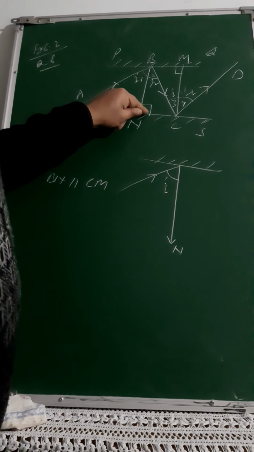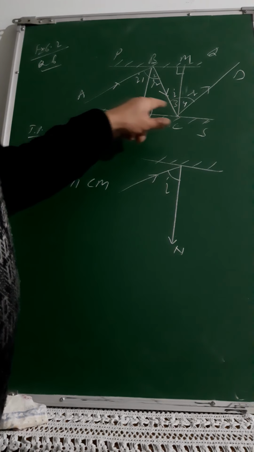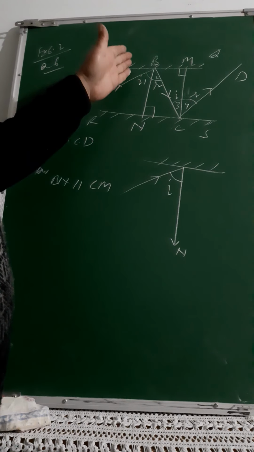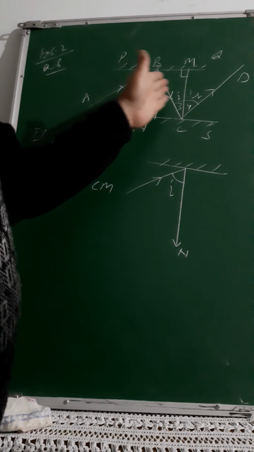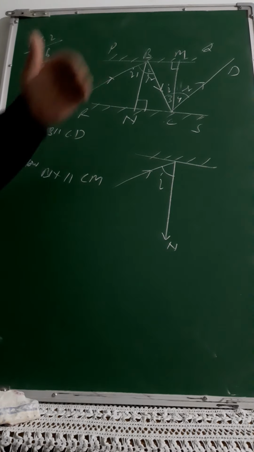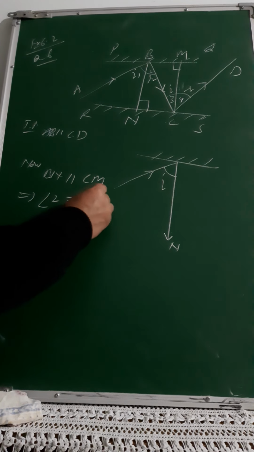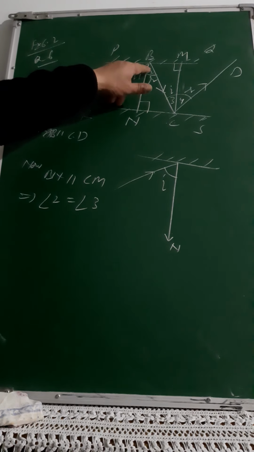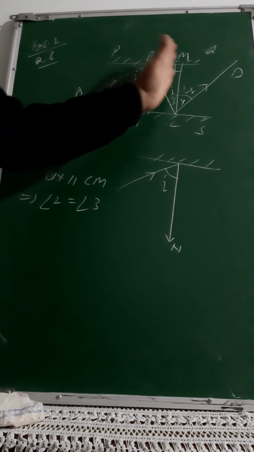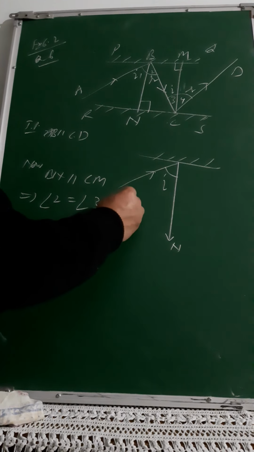Because this is 90, this is 90, you can use the co-interior angle property or any other property to prove these lines parallel, as three options are available. So this implies angle 2 is equal to angle 3. Why? Because of a pair of alternate angles. If this is parallel to this, angle 2 is equal to angle 3.